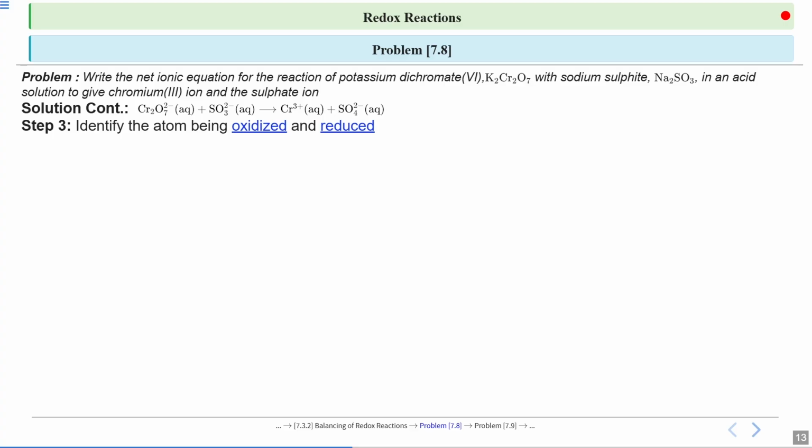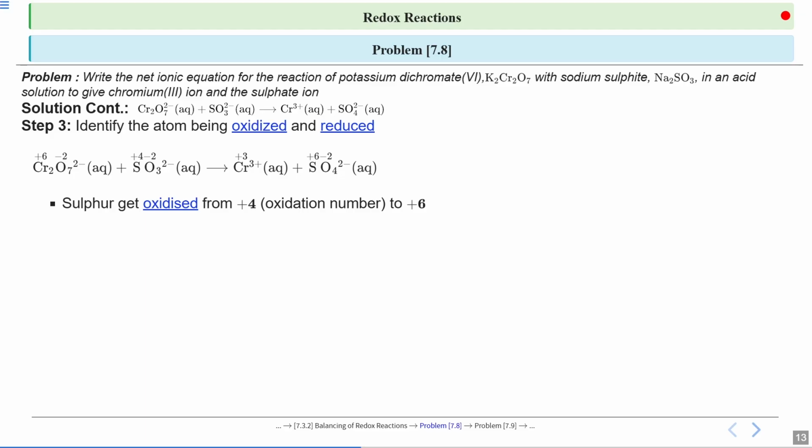This can be identified with the help of the change in oxidation number. If you look over the reaction, we can clearly see that the chromium has changed from +6 to +3. That means there is a decrease in the oxidation number, that means there is reduction. While if you look over the sulfur, it is going from +4 to +6. That means there is an increase in the oxidation number, that means there is oxidation.